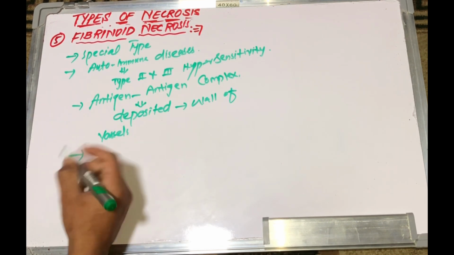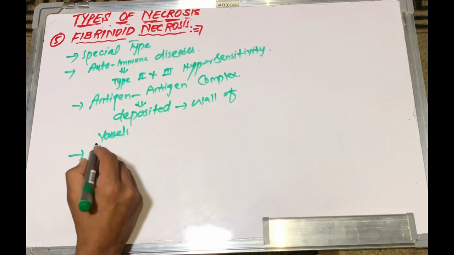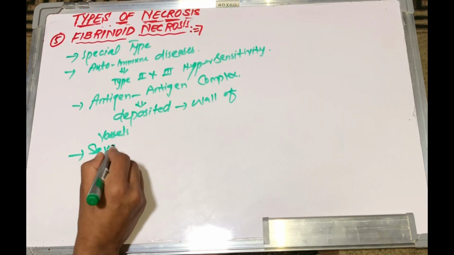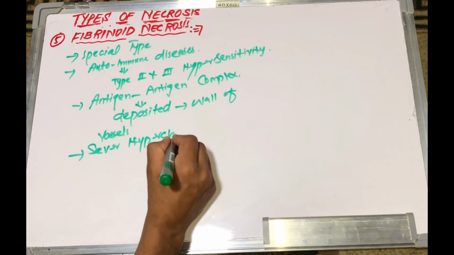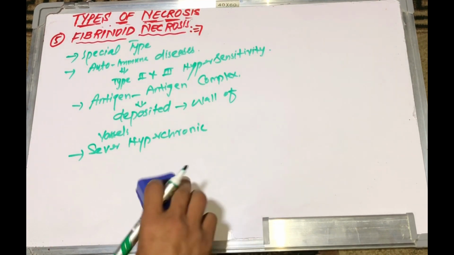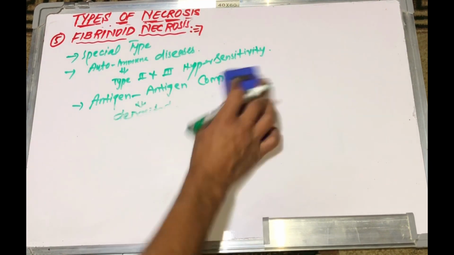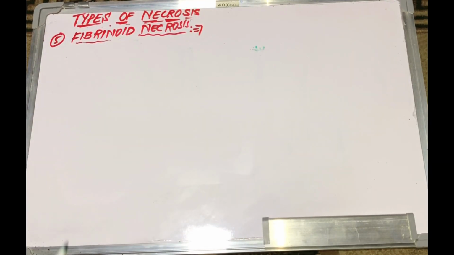Fibrinoid necrosis may also appear in severe hypertension or chronic hypertension. How does it occur in chronic hypertension? Now we will discuss how it occurs.